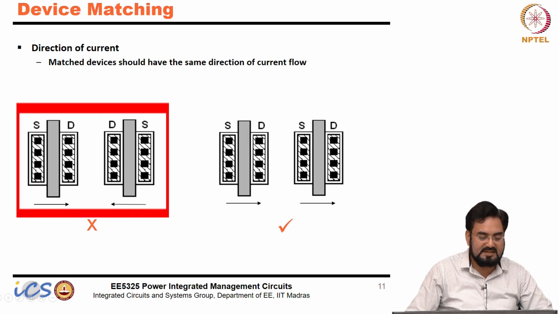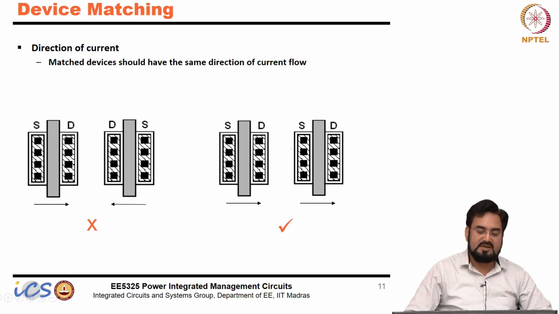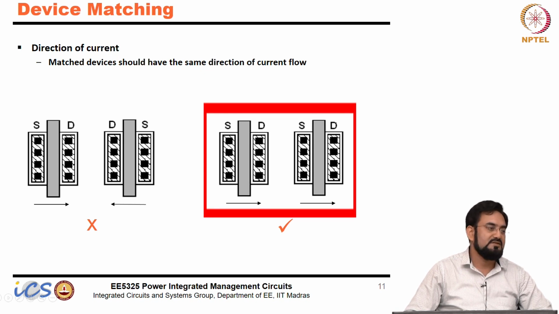So if I am placing the source on the left-hand side, and another matched device I am placing the drain on the other side, flipped, then it won't be matched perfectly. So I have to make sure that the direction of current should also be the same. Okay, so source drain and source drain. So if the source is on the left, the source of the other device should also be on the left.